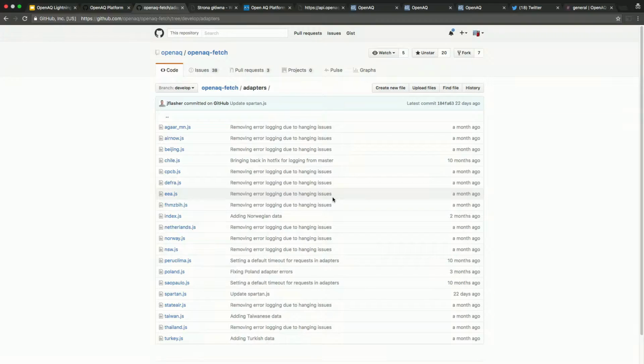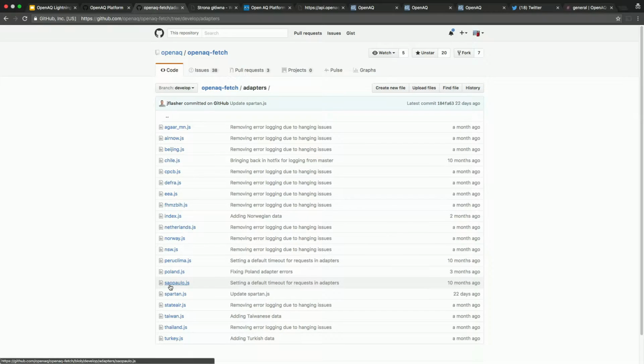So you get these pollutants, and you need time and location, but they're scattered across a lot of different websites or APIs. So people write adapters, and that's one of the biggest things that you can contribute to on GitHub, is to write an adapter for a given either research data source or government.